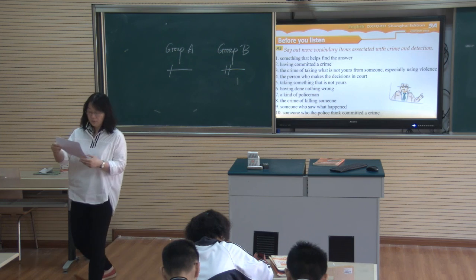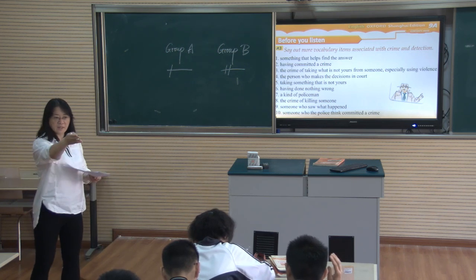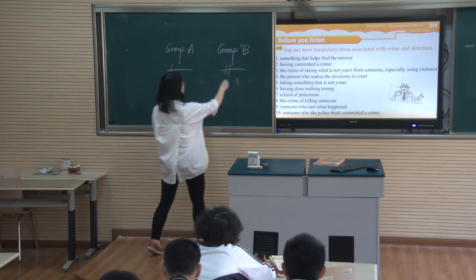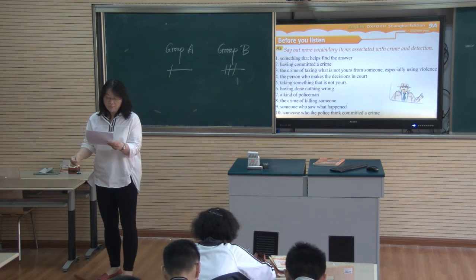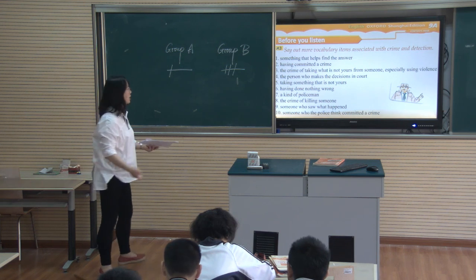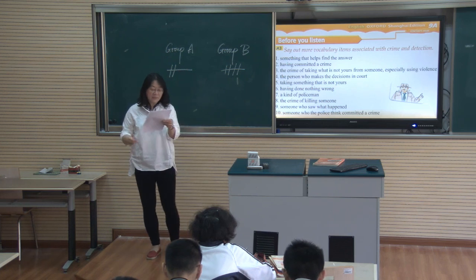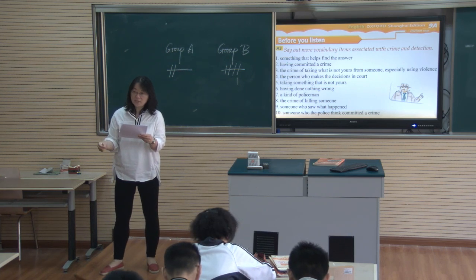Now, go on. Number 7. A kind of policeman. Yang Linghan. Detective. That's right, detective. Detective is a kind of policeman. And number 8. The crime of killing someone. Murder. Okay, so both. Now, number 9. Someone who saw what happened. Eyewitness.